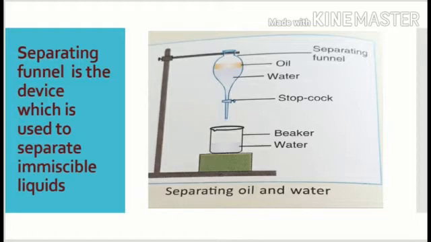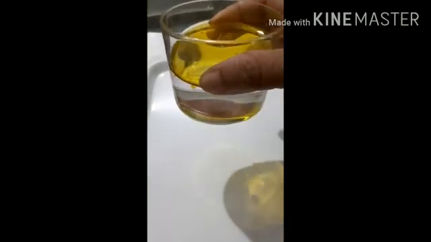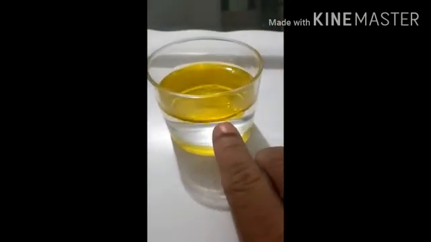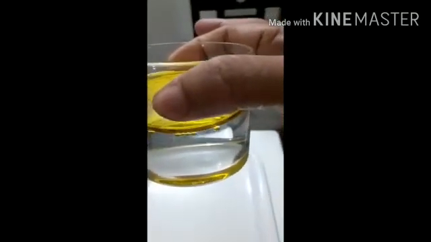Now dear students, the separating funnel, as you are watching in the picture, is the device which is used to separate immiscible liquids. Because of lockdown, we can't go to our lab. So what can we do? We can make an arrangement so that you can see how the oil can be separated from the water. Here in the same tumbler, you can see the separate layers of oil and water. Always the immiscible liquids form separate layers.